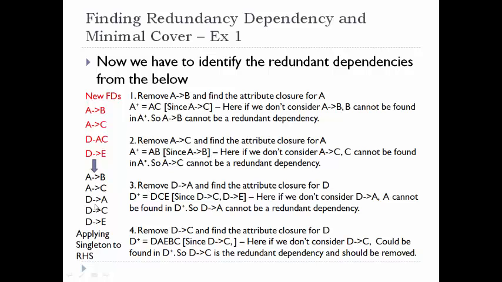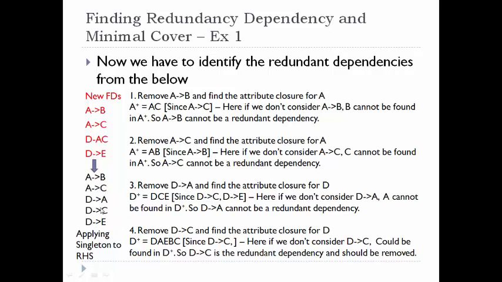And the third is D tends to A. Now if you try to remove this D tends to A and find D closure, it is arriving with DC, and D is also arriving with E, so it gives DCE. A has not arrived, so we are not supposed to remove this dependency. So we are not removing this.